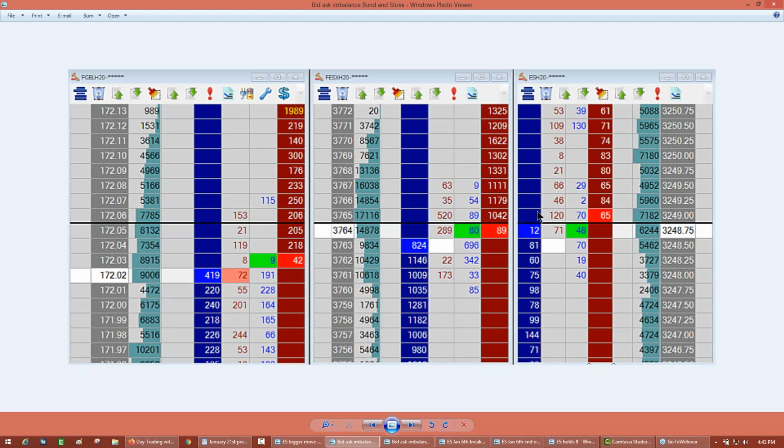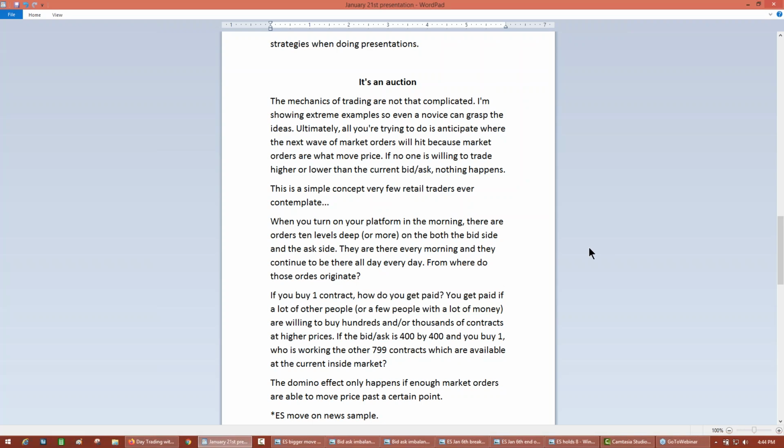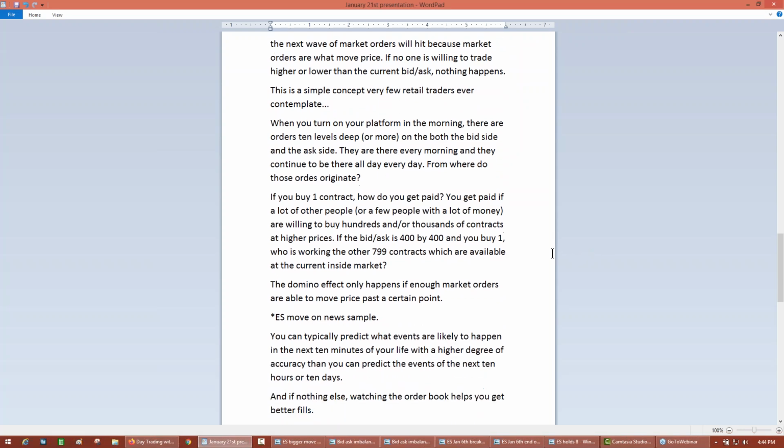So it takes a group of orders willing to bid higher and higher and higher in order for price to move higher. Same thing on the low side, okay? It's a very simple process. So when you're looking to develop a strategy, that's something that you have to keep in mind.